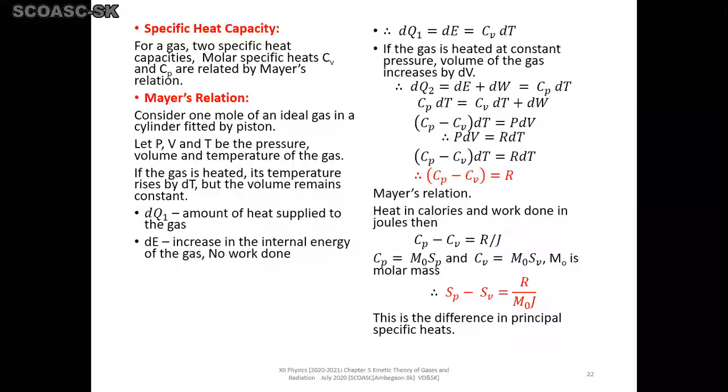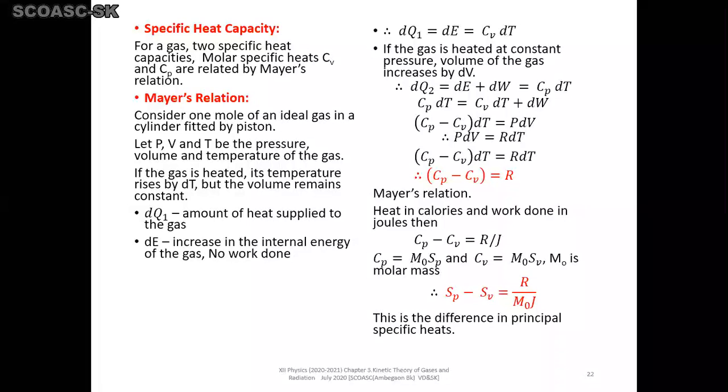And I'm going to talk about two terms. One is principal specific heat capacity. We have done this in 11th standard. And the other is molar specific heat capacity. When I'm talking about principal specific heat capacity, I'm talking about the quantity of substance in terms of kilograms, grams, right? And when I'm talking about molar heat capacity, I'm talking about the substance in terms of moles, right?